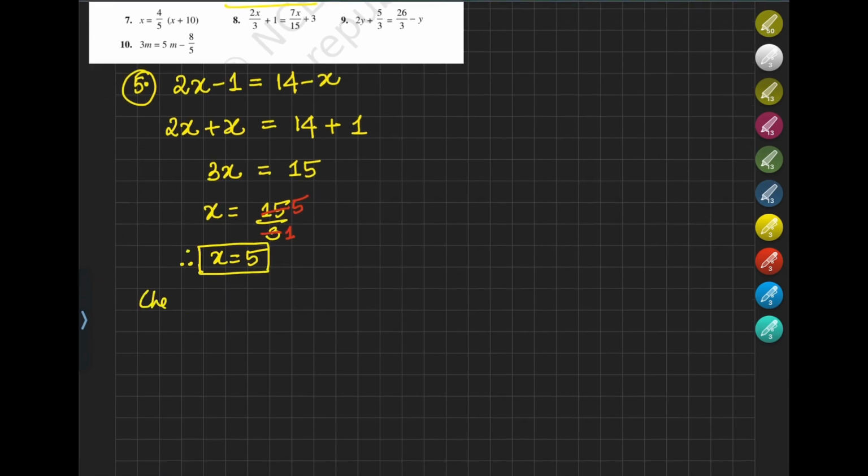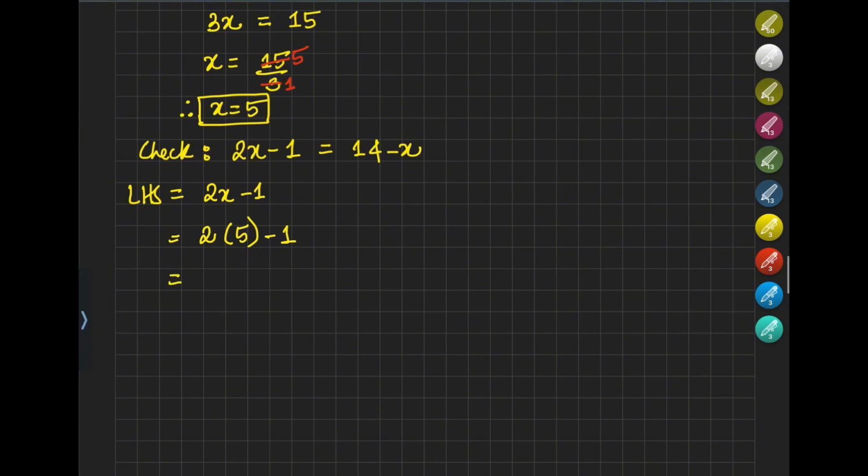Let us check. For the check, the equation is 2x minus 1 is equal to 14 minus x. In the LHS we have 2x minus 1. Put the value of x as 5, and then we write 10 minus 1 is equal to 9 in the LHS.